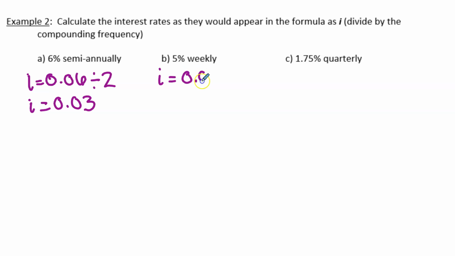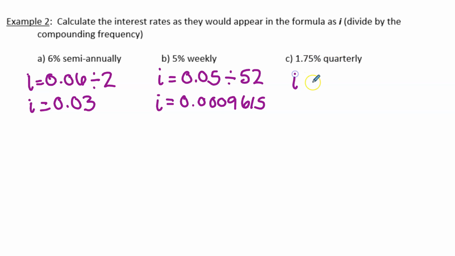Next, 5%, we start as a decimal, and then we divide by the compounding frequency, weekly. There are 52 weeks in a year. Okay, and you get a really small number here. Okay, lastly, for this one, we start with 1.75% as a decimal, and we divide by the compounding frequency.